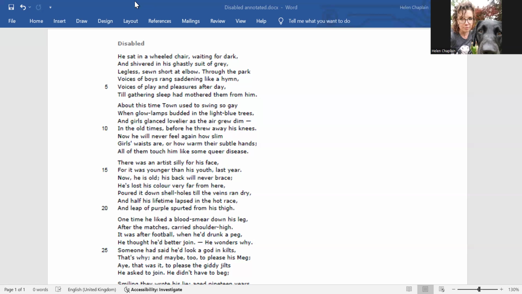His injuries look like he's lost his legs and his arms, and therefore he's moved from being active as a young man with all of this hope and potential and future in front of him, to being somebody who is physically extremely limited and psychologically damaged.